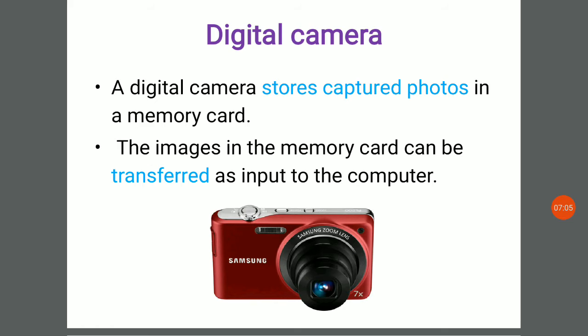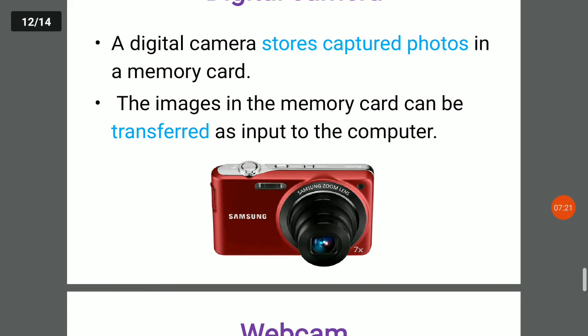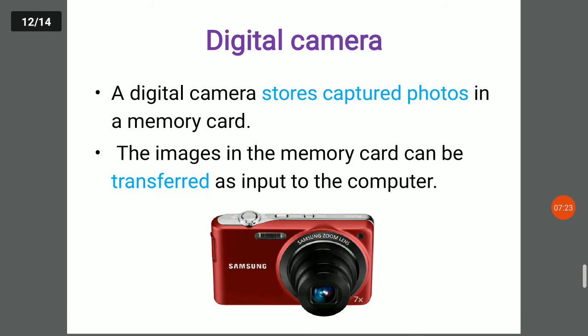All the pictures which we have taken from this digital camera, we can transfer into the computer with the help of data cable, or memory card reader. So this device also works as an input device. Fine.